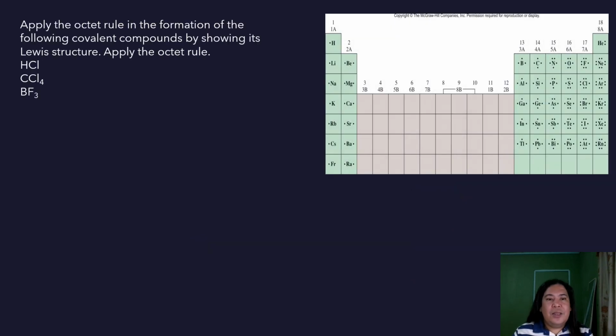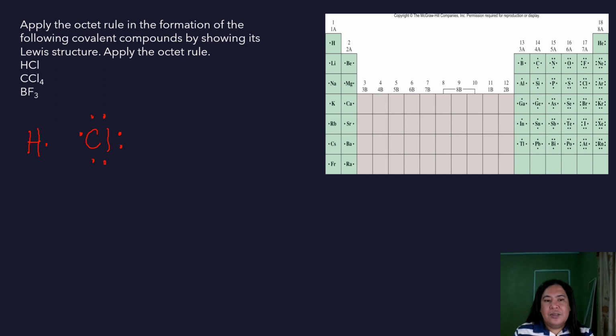Next, apply the octet rule in the formation of the following covalent compounds by showing their Lewis structures. For HCl, H has 1 valence electron and chlorine has 7.